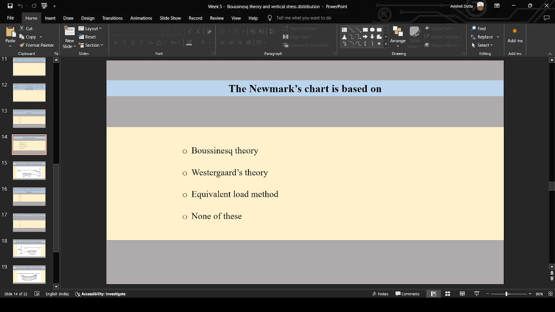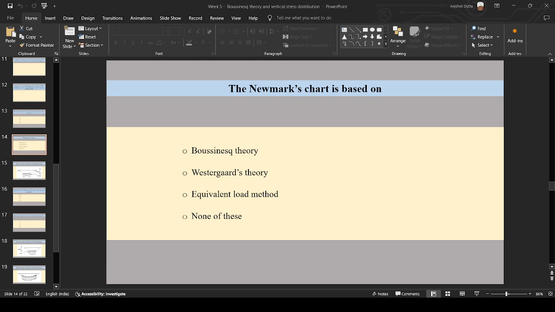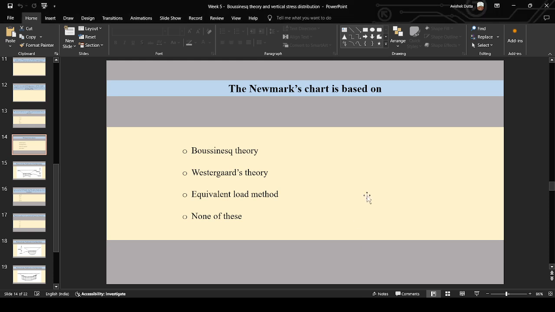I'll repeat the question. Newmark's chart is based on Boussinesq theory, Westergaard's theory, equivalent load method, or none of these. Next question.